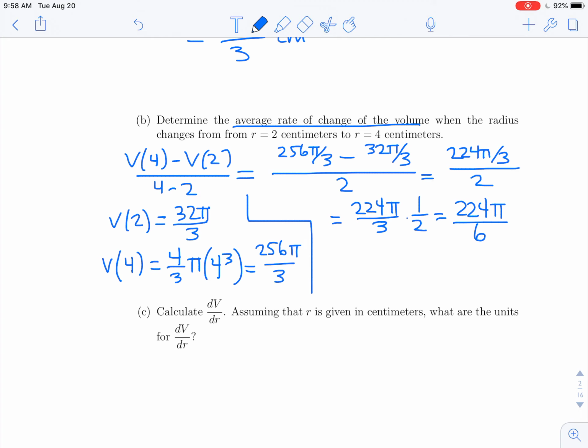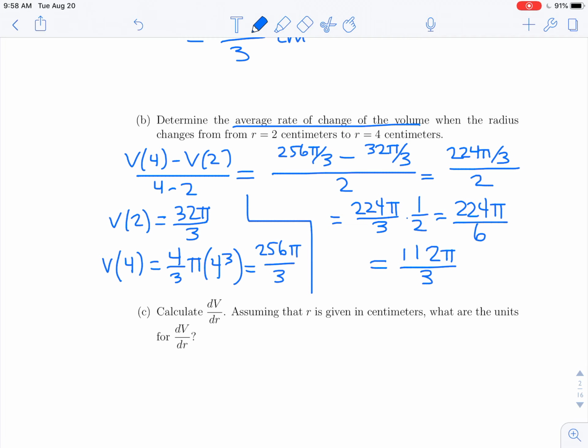And you could leave it that way, but I realized I could simplify the fraction a little bit by dividing by 2 on the top and bottom to reduce it to 112 pi over 3. And we definitely need units.